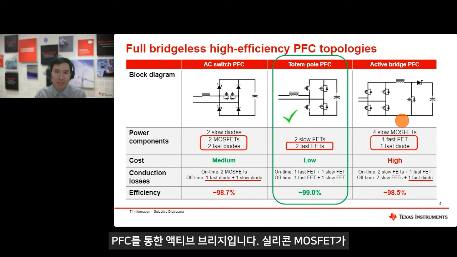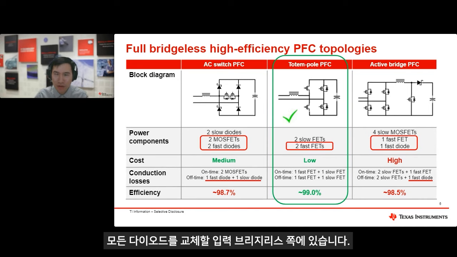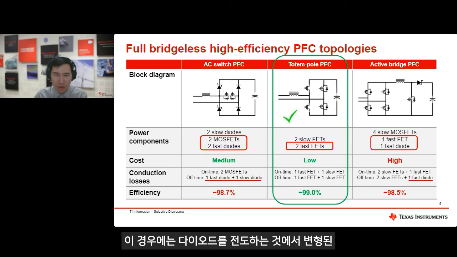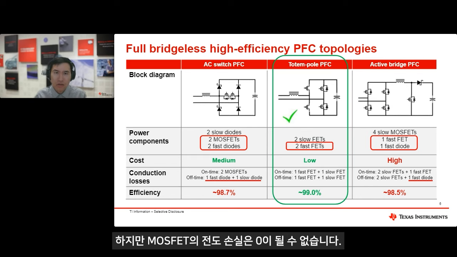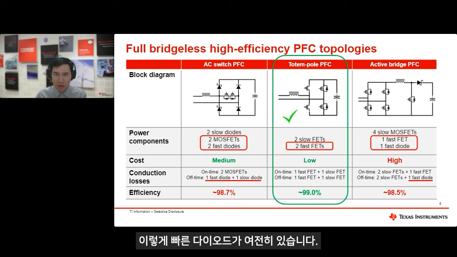You have silicon MOSFETs on the input bridge to replace all the diodes. In that case, you can change from the diode conducting to the MOSFET conducting. However, the conduction loss of your MOSFET cannot be zero, and you still have this fast diode out there.